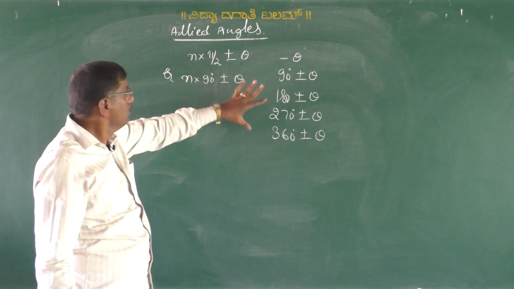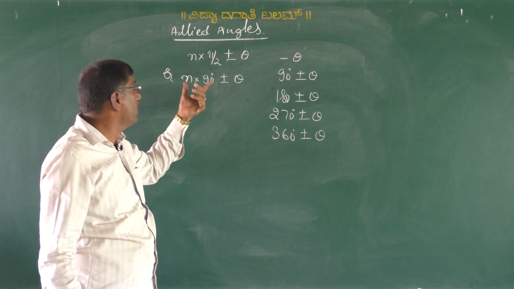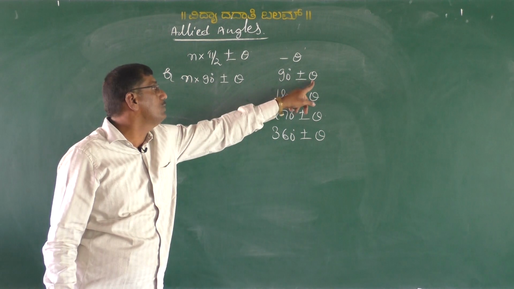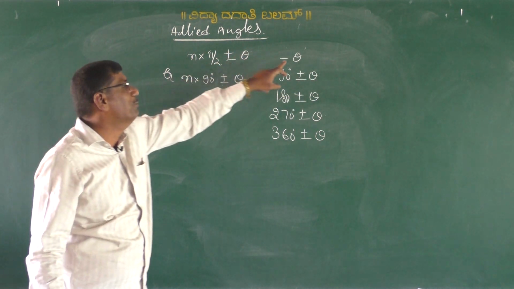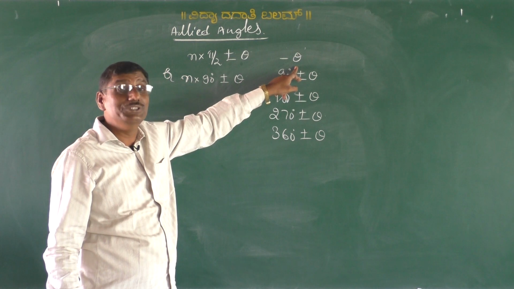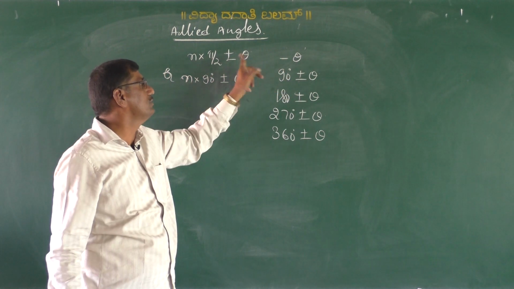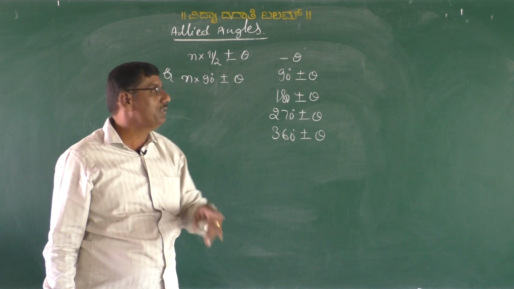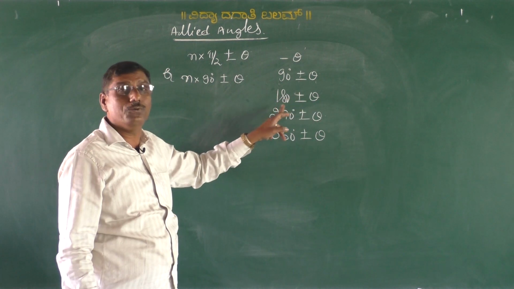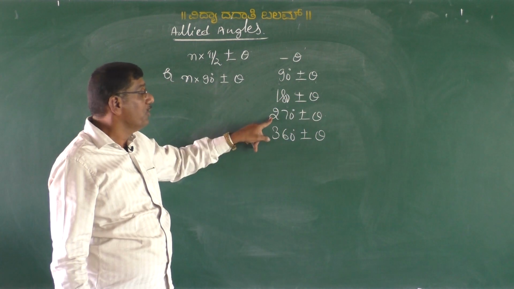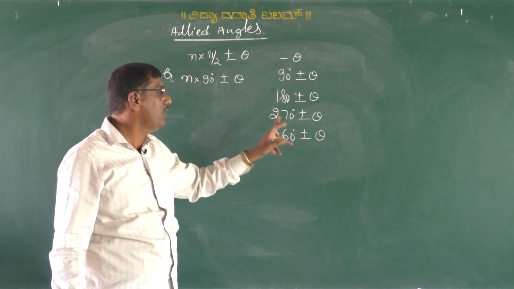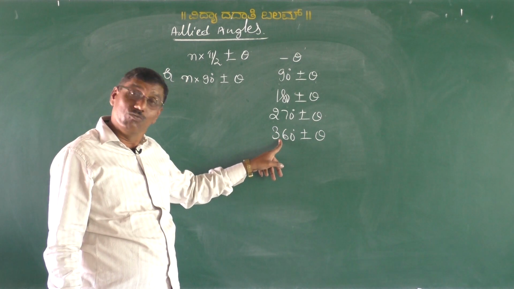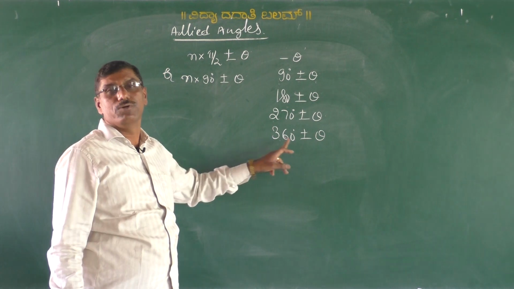We can write these generally in this form. How, sir? 0 into 90 minus theta, 1 into 90 plus theta, 1 into 90 minus theta, 2 into 90 plus theta, 2 into 90 minus theta, 3 into 90 plus theta, 3 into 90 minus theta, 4 into 90 plus theta, 4 into 90 minus theta.